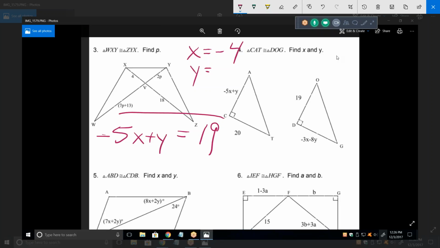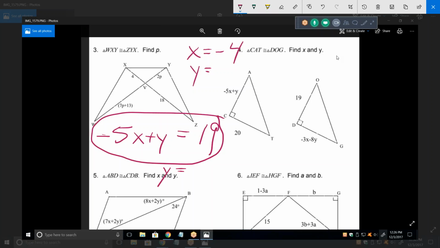That's our simplest equation to work with. And we've solved for x. So now let's solve for y. Put negative 4 in for y. No, for x. For x, and then that would be 20.